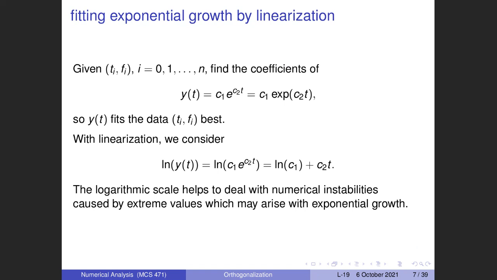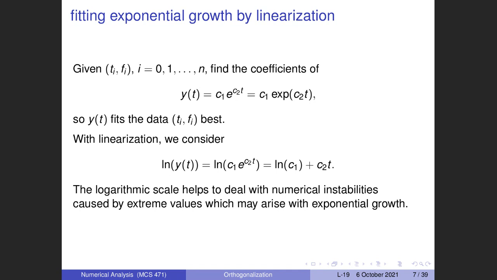We often have exponential growth or exponential decay. And then one can also consider a linear fit here. This is very similar to the fitting with a line that we started with in the last lecture. We can go over to a logarithmic scale.